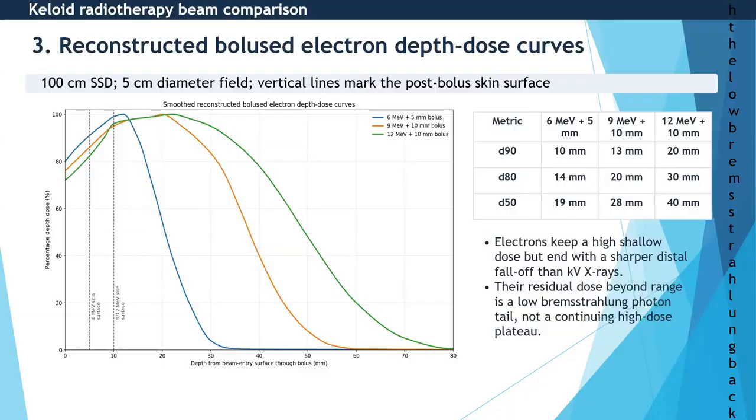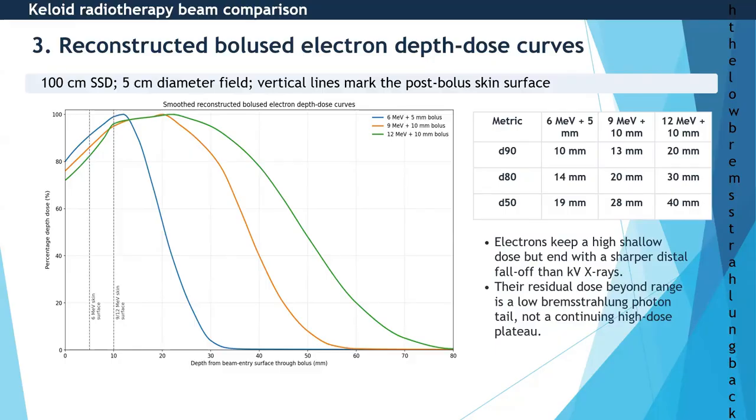Now, if we look at the reconstructed bolus electron depth dose curves, these three graphs show the first one is 6 MeV, 9, and then 12 MeV electron beams. And onto those, we would put the vertical lines near the start at 5 millimeters depth.